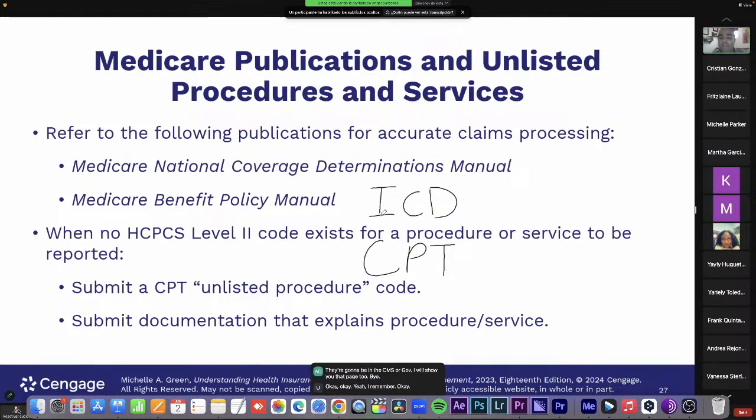But now let's put them together. Your question is a great question, really valid. The CPT is the one that has the money attached to it. The CPT has a price: how much are we going to charge? All CPTs can be paid, but they have to match a correct and proper ICD.